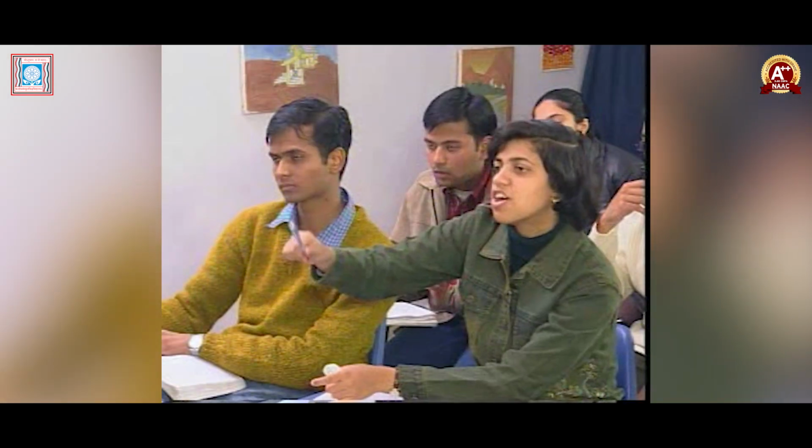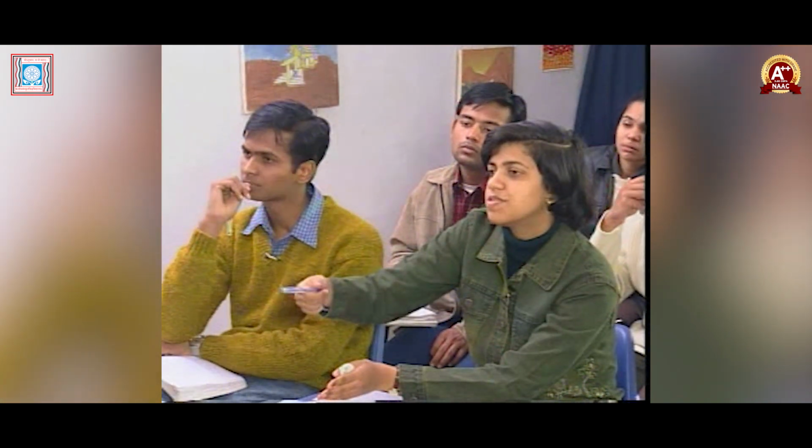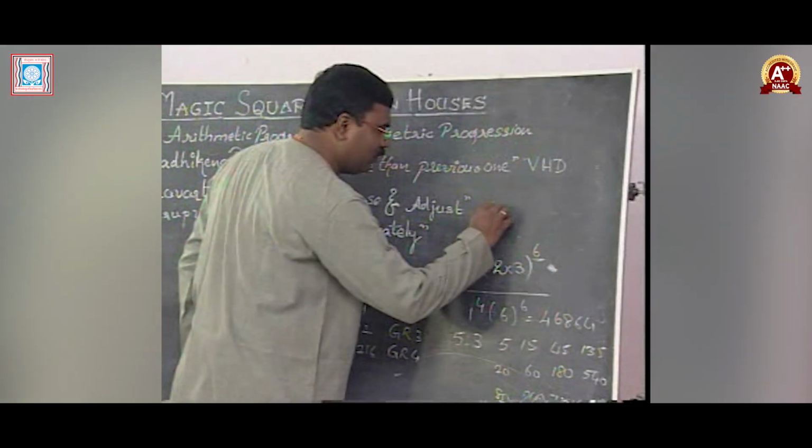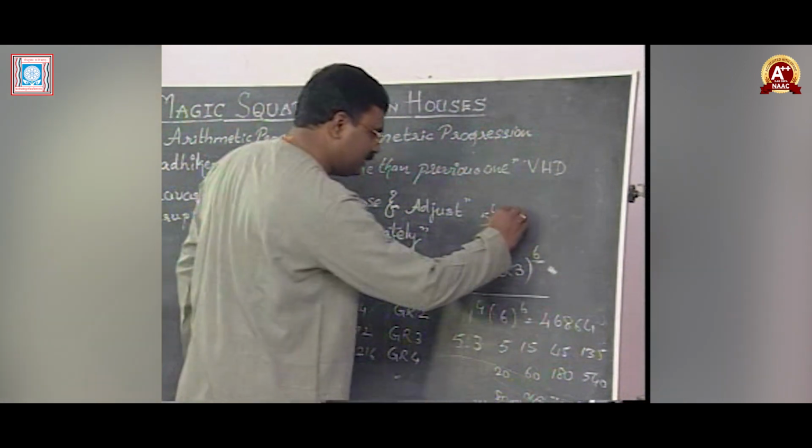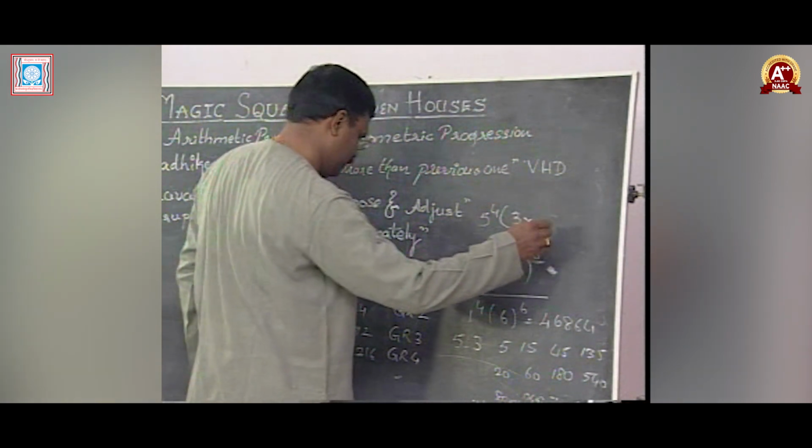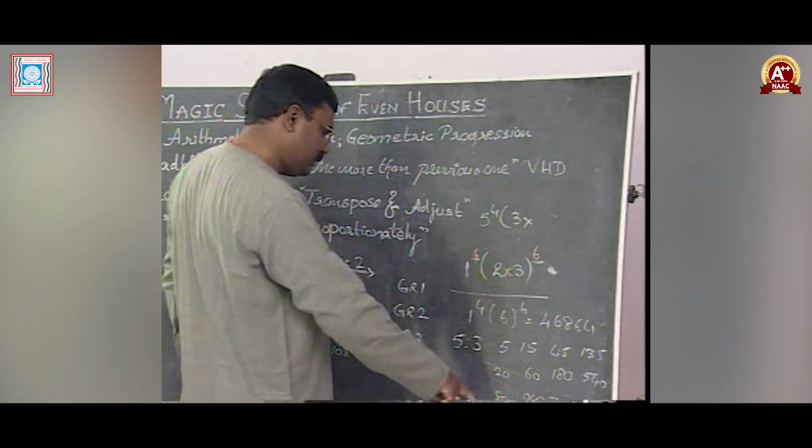Sir, in this case, how do we find the product? So that will be 5 to the power of 4, into 3 to the power of 6 for the coefficients. Why did we leave the 5 out?